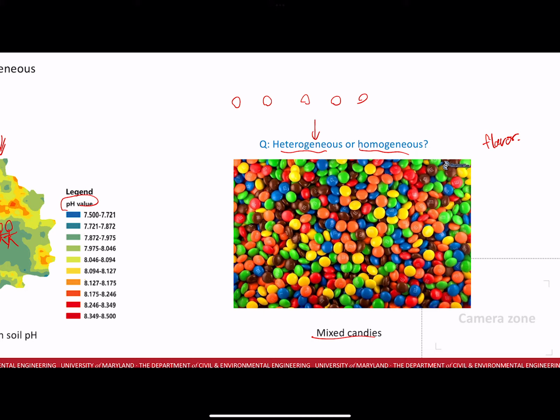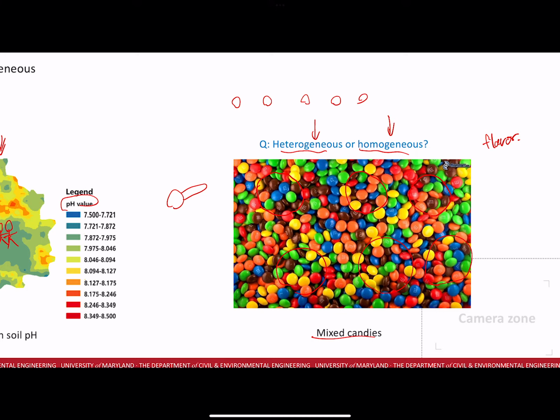But on the other hand, if my sampling equipment is a spoon, I can only take spoonfuls of sample, so I can get a bunch of candies at the same time. In this case, we can imagine that every spoonful has a similar composition. They may have some fluctuations, but in general, the spoonfuls of candies are similar. So in this case, it is considered homogeneous.